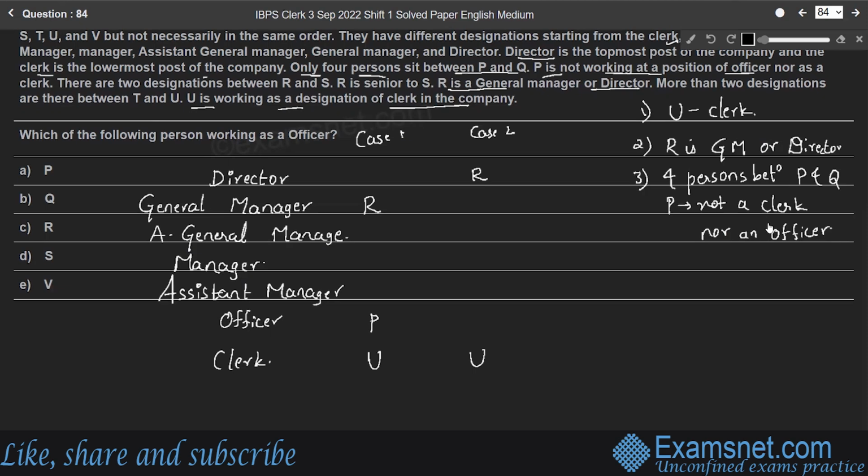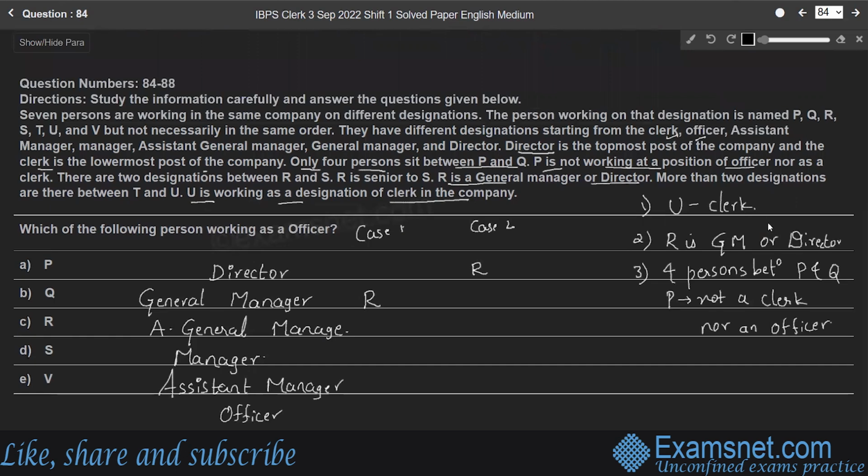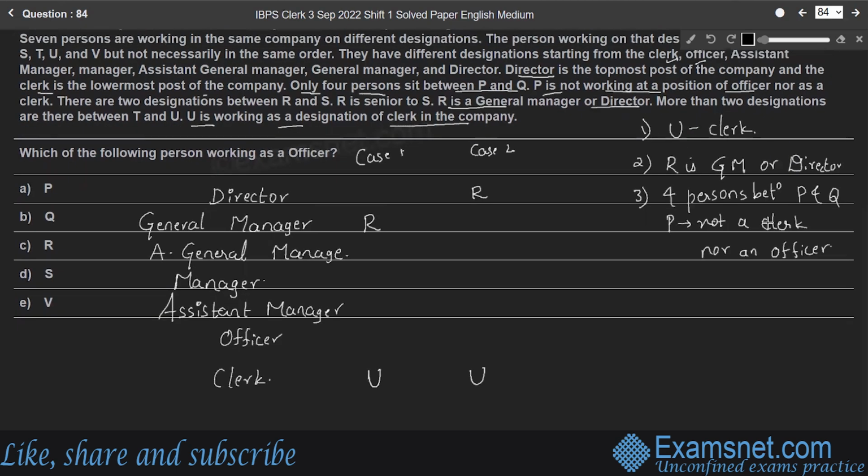Therefore, P is director. Only if P is director will there be 4 persons between P and Q, so that Q is officer. They are general manager, AGM, manager, and assistant manager. So after that, Q becomes officer.